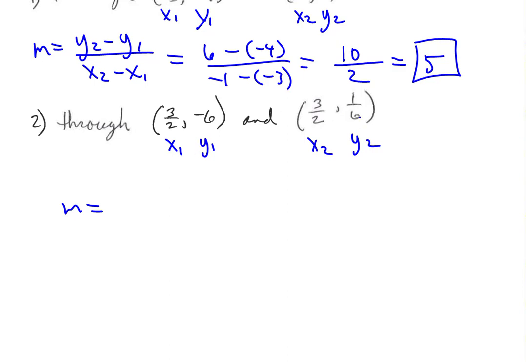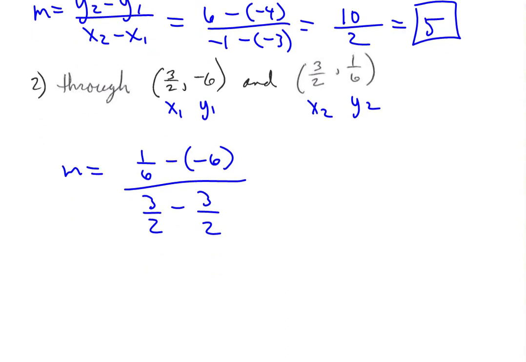y2 minus y1 would be 1/6 minus -6, over x2 minus x1, which would be 3/2 minus 3/2. You may start to cringe when you see fractions like this, but just give it a second. Try to take a step or two in the right direction and see what happens.